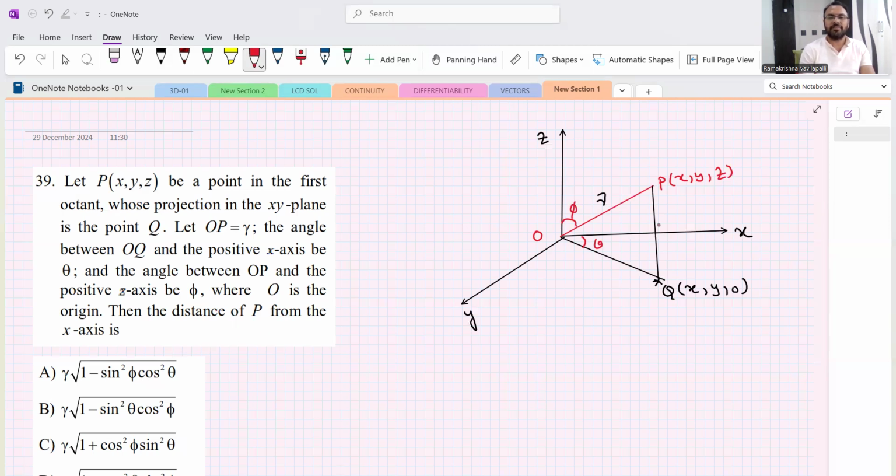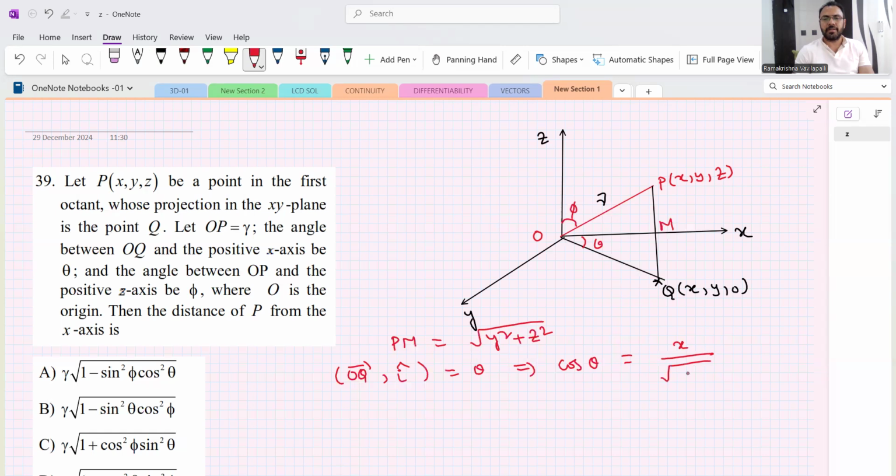We are asking the distance of P from the x-axis, that is PM. The distance of P from the x-axis is nothing but root over y square plus z square. This we want. Now, given that the angle between the OQ vector and the x-axis, that is i cap, is theta, cos theta is equal to x by under root x square plus y square.